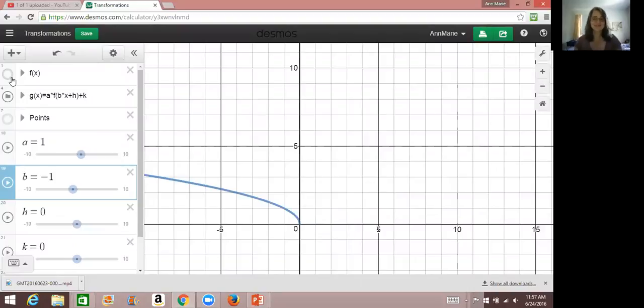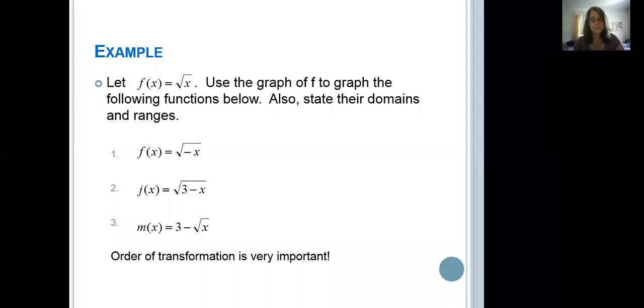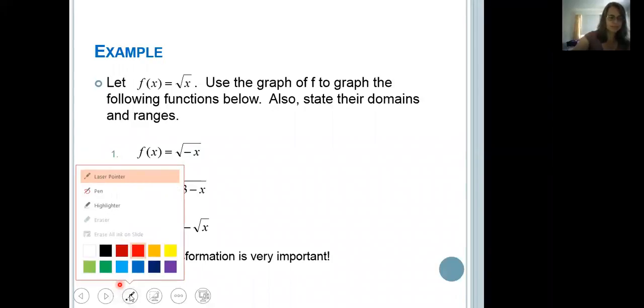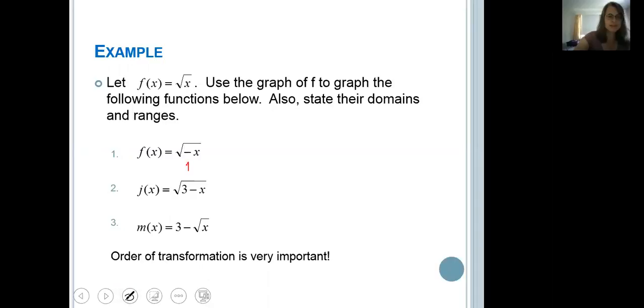Be careful. It looks like my domain is all negative numbers, right? But what do I have right here? I've got a negative sign, right? What I'm saying is that the negative x, whatever's under the radical, has got to be greater than or equal to 0, because my radicand has to be non-negative.